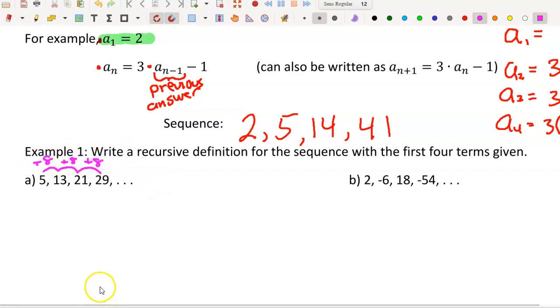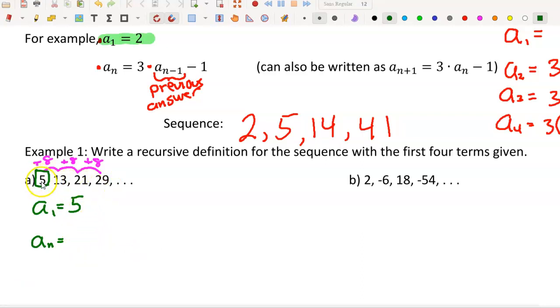Okay. So we're going to write our recursive form. We're going to have two parts: the A sub 1 and the A sub n. You always have those two parts. Of course, A sub 1 is just whatever number is first. And then to find the next term, we ask how you get from the previous term.